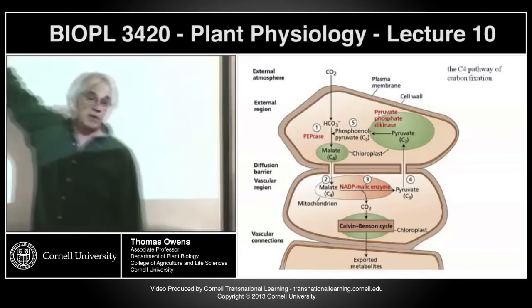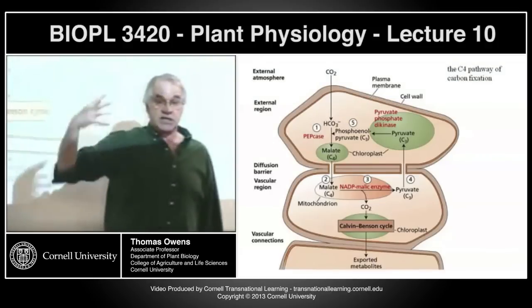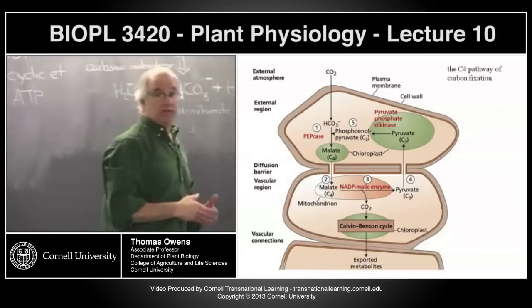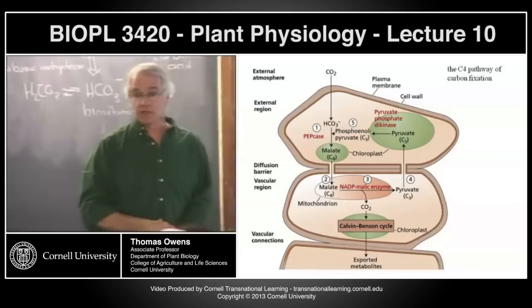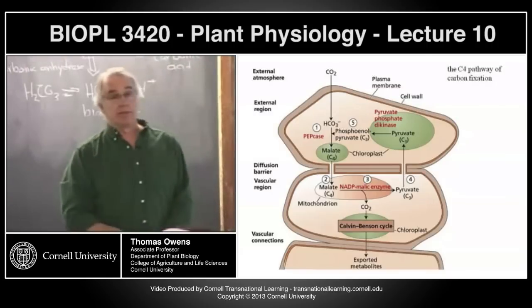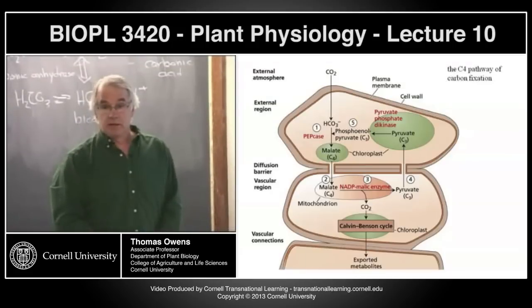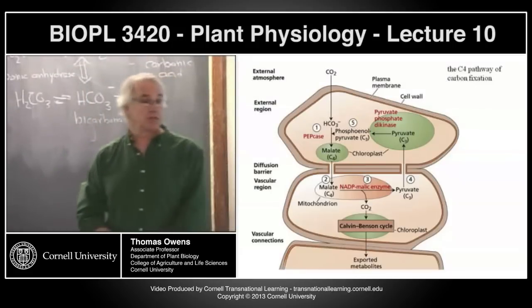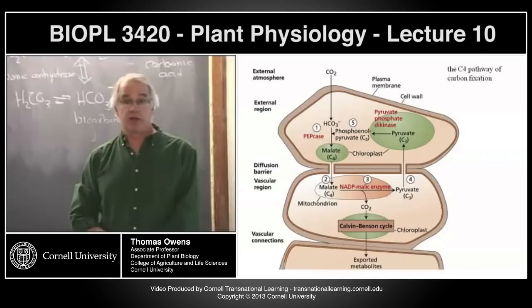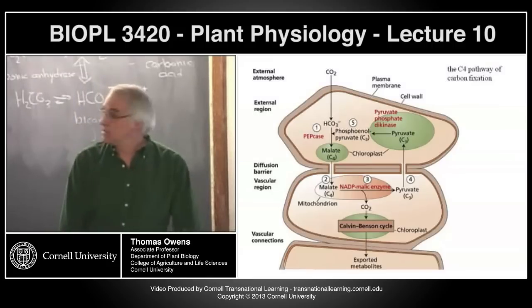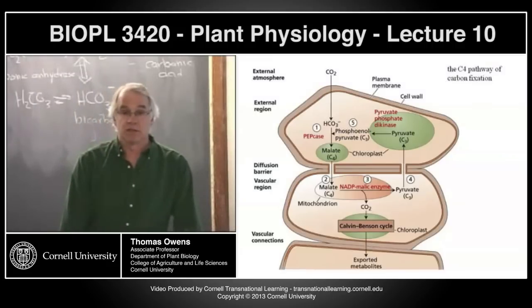For example, PEP carboxylase. It's carrying out the same reaction, but the conditions under which it carries it out are quite different in C4 photosynthesis versus the role it normally plays in respiration. The PEP carboxylase that functions in respiration is located in mitochondria, not in chloroplasts. But in C4 plants, there's PEP carboxylase in the chloroplasts, at least in the mesophyll cells.